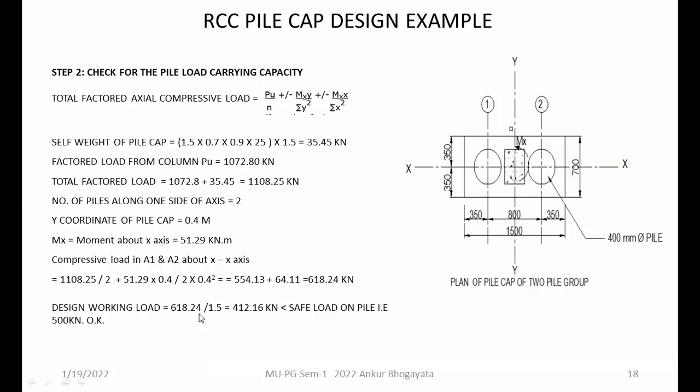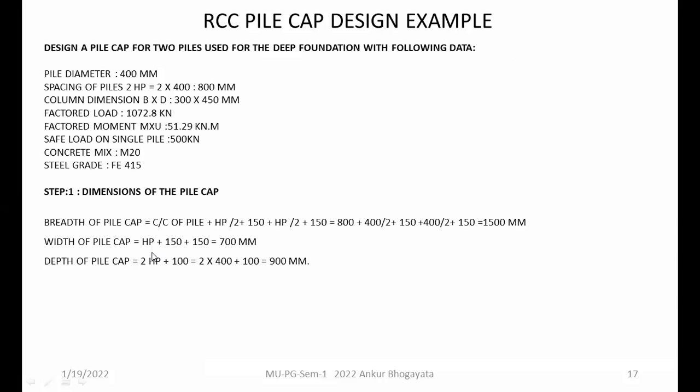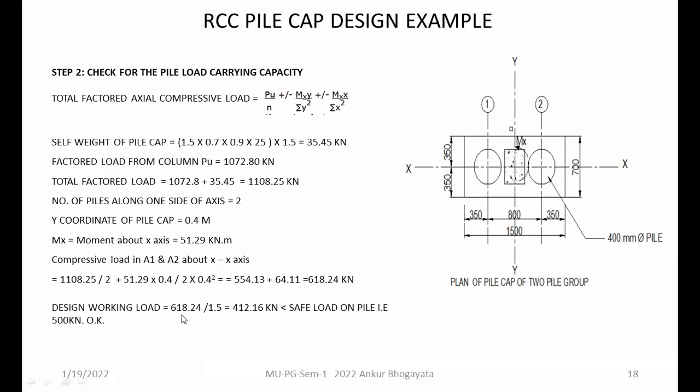The design working load you can obtain by dividing by the factor of safety, and this has to be cross-checked with the safe load on a pile. On each pile, if you go back, the safe load on the pile is 500 kilonewton. This data is provided just to cross-check your own calculation.